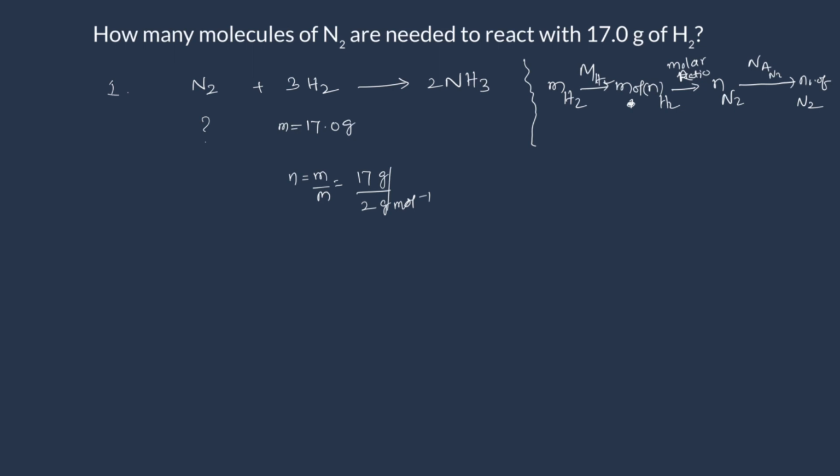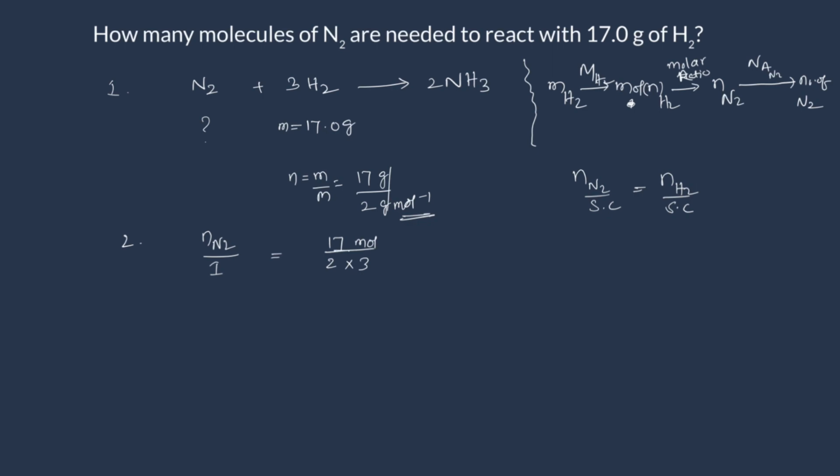Then what to do now? Number of moles of nitrogen by stoichiometric coefficient is equal to number of moles of hydrogen by stoichiometric coefficient. This is the second step. By using this we can convert. We have number of moles of nitrogen divided by stoichiometric coefficient 1 is equal to number of moles of hydrogen, 17 by 2, divided by stoichiometric coefficient 3. Here the unit is mole, because the inverse mole converted to mole.